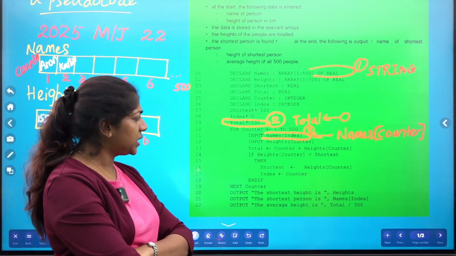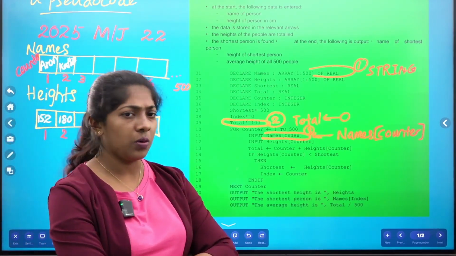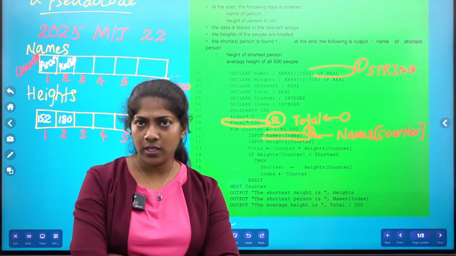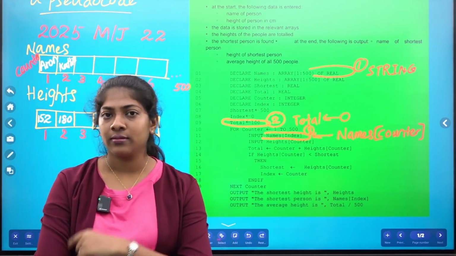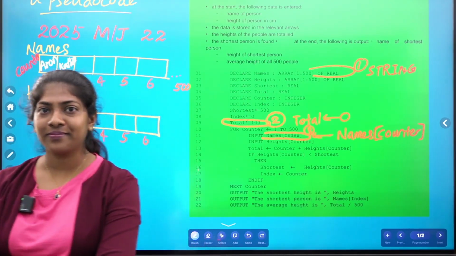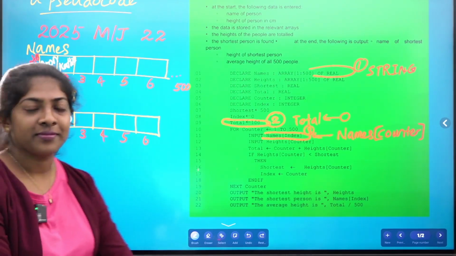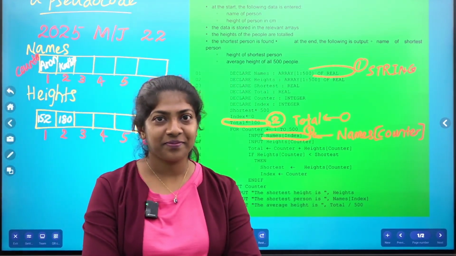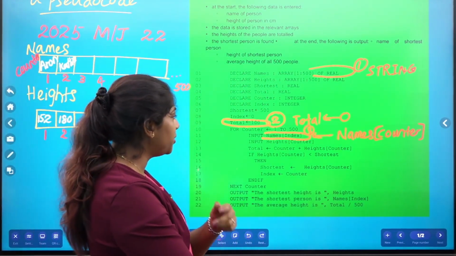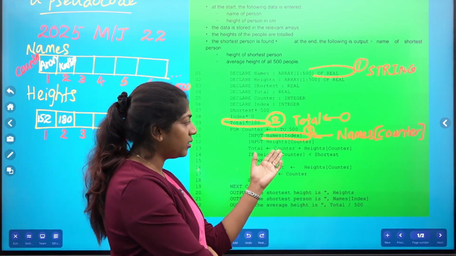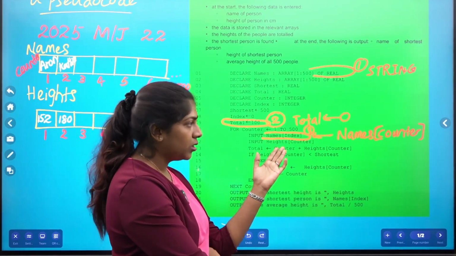Total equals counter plus heights counter. Is it correct? Think for a while. Got the idea? Why would you add counter to find the total?